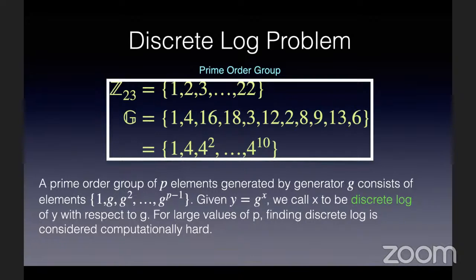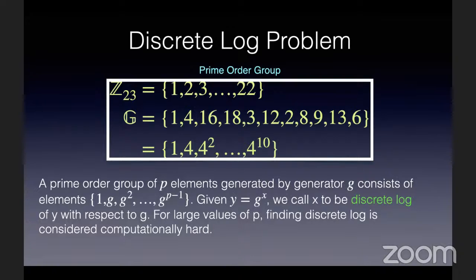So we have this set of numbers 1 to 22, and we define a multiplication operation on this set, which is normal multiplication, except that we keep reducing the result modulo 23. And we consider a specific subset of this set, which is essentially obtained by taking all the powers of 4.